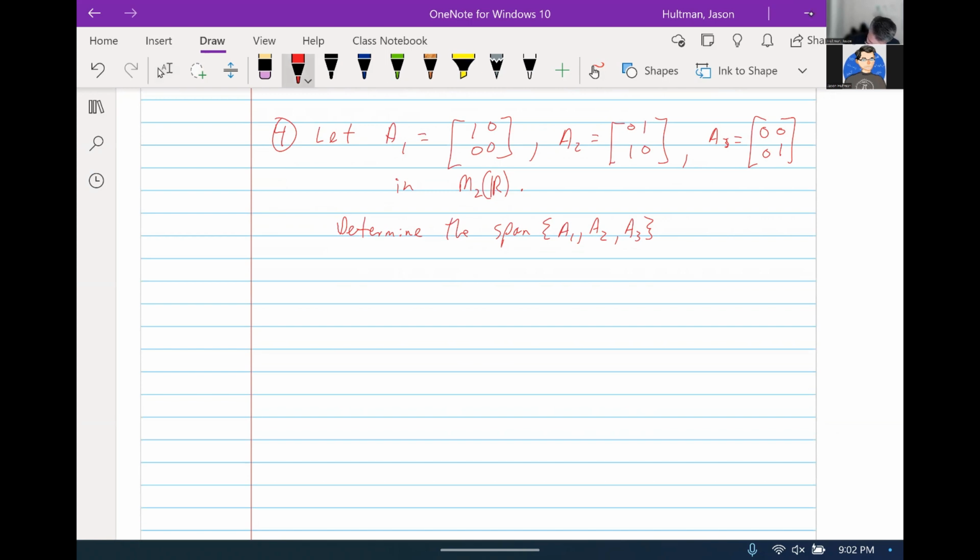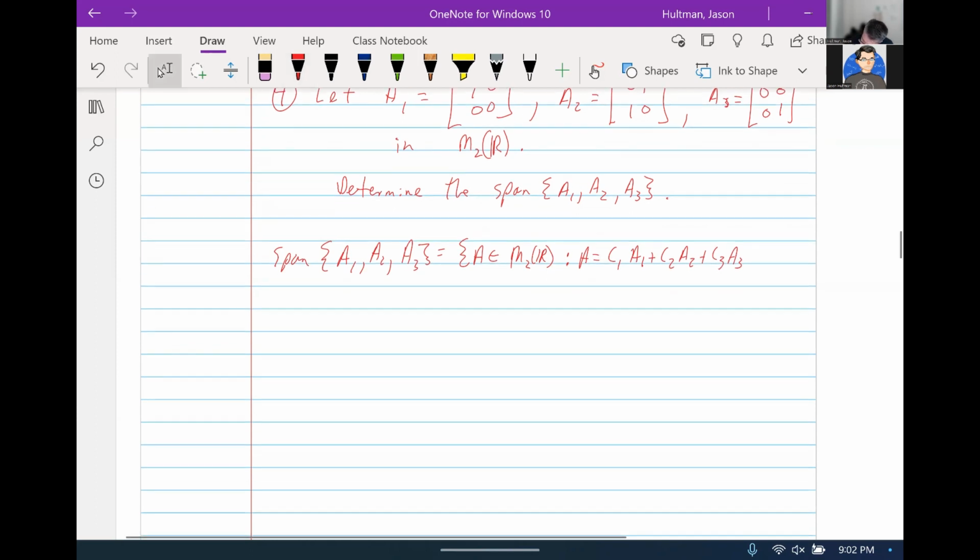So the span of A1, A2, A3 is equal to A, which is an element of M2R, such that A is equal to C1 A1 plus C2 A2 plus C3 A3, given that C1, C2, and C3 are elements of the real numbers.